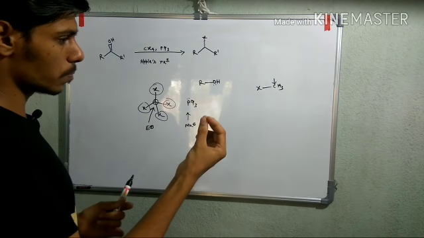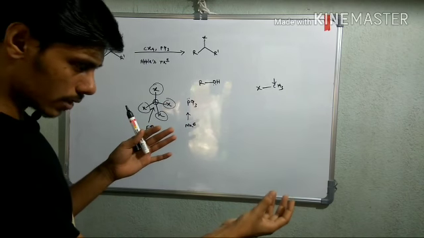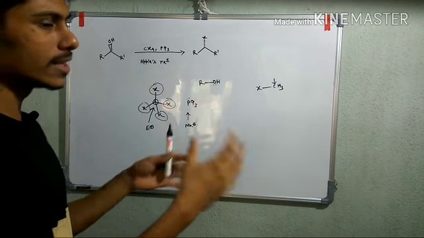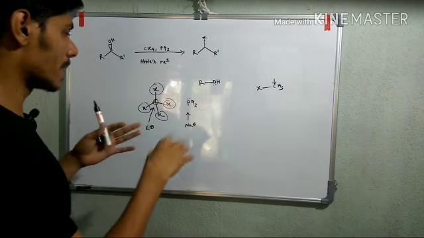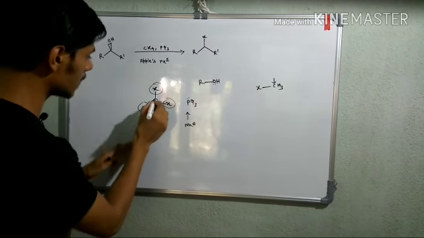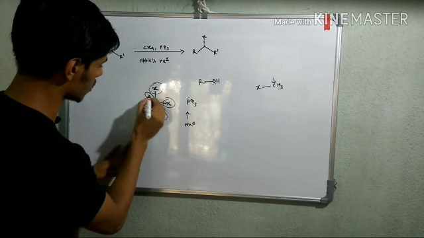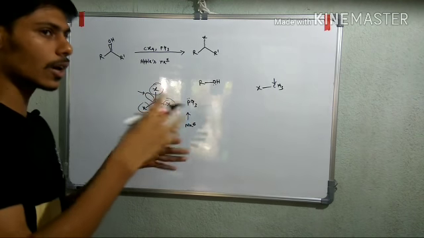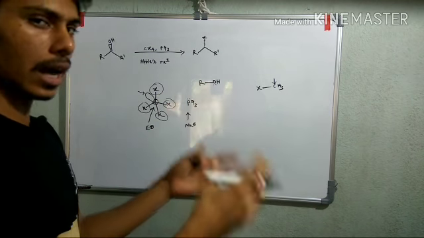Now if you think more deeply about the origin of the electrophilicity of this carbon, it is due to the presence of the C-X sigma star orbital. This is the center of the electrophilic carbon.